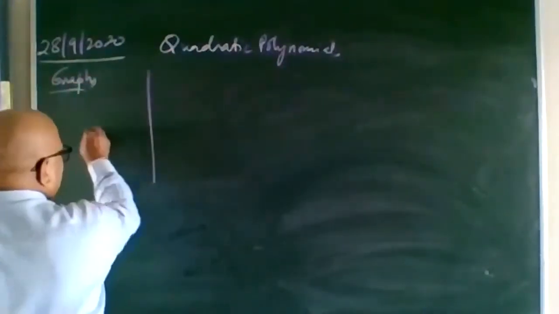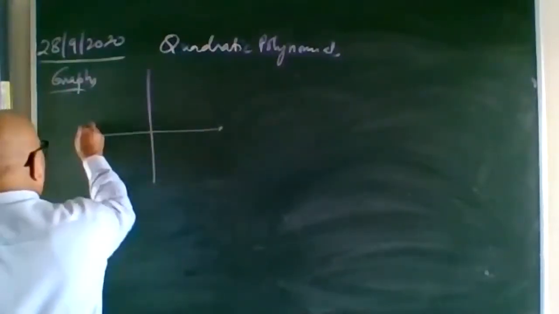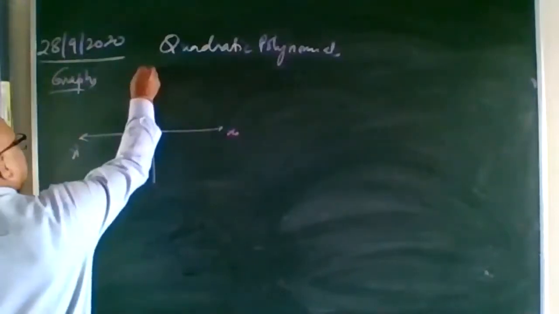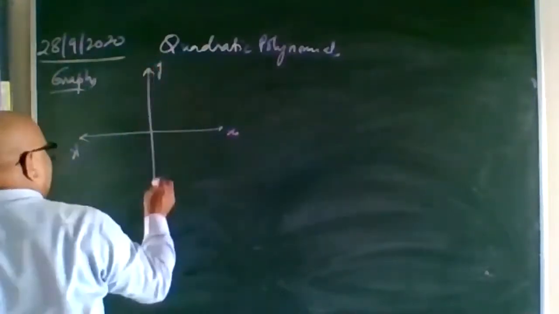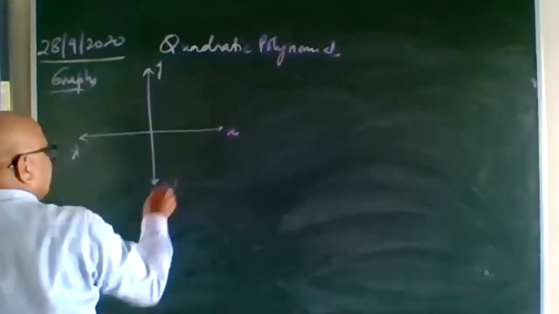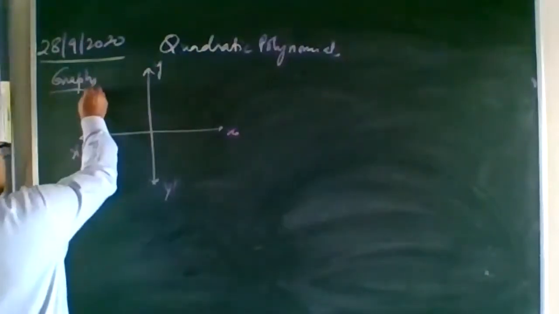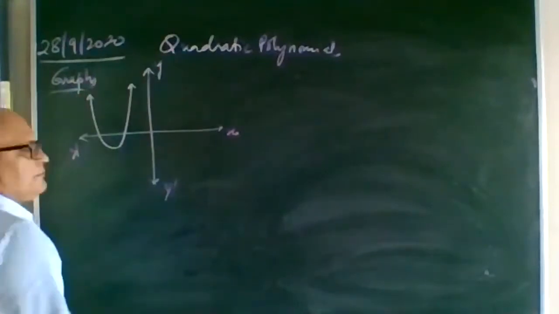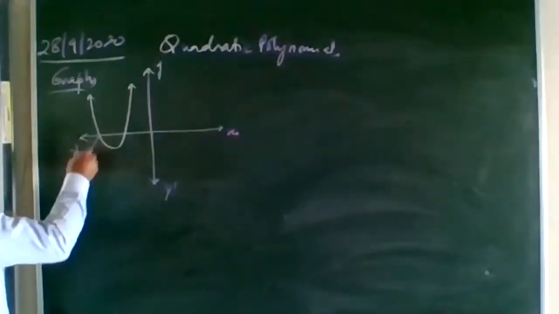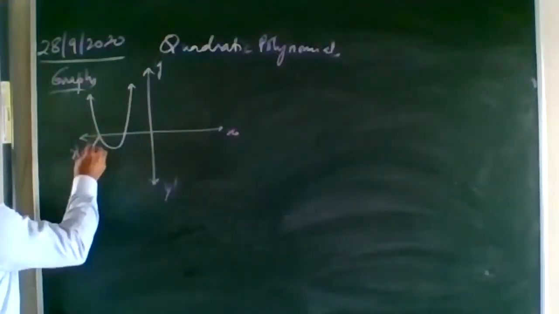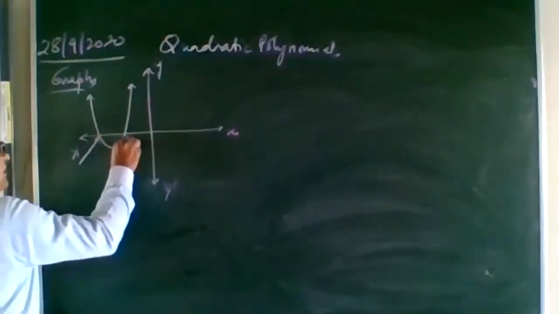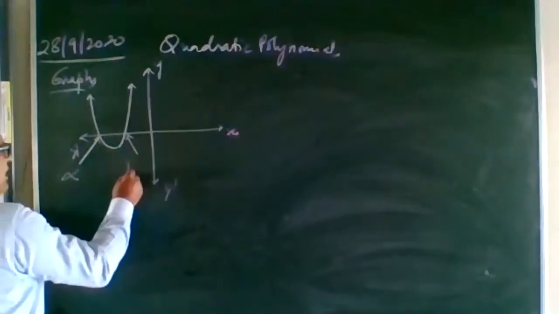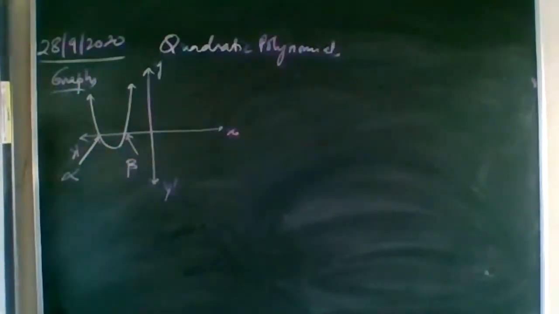Now this is x, this is x dash, this is y and y dash. Now this is the parabola. Here this is alpha and this is beta.